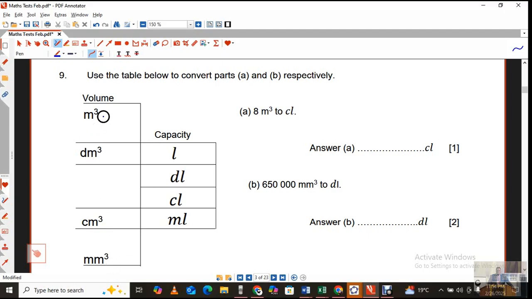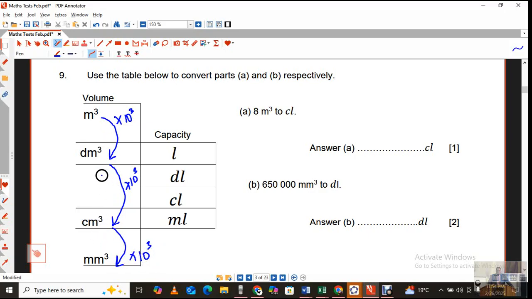If you go from cubic meters to cubic decimeters, you are going to multiply by 1,000. I'm just going to write 10 raised to the power of 3. The same applies if you go from cubic decimeters to cubic centimeters. You'll be multiplying again by 1,000, or 10 raised to the power of 3. Also, if you go from cubic centimeters to cubic millimeters, you're also going to multiply again by 1,000.